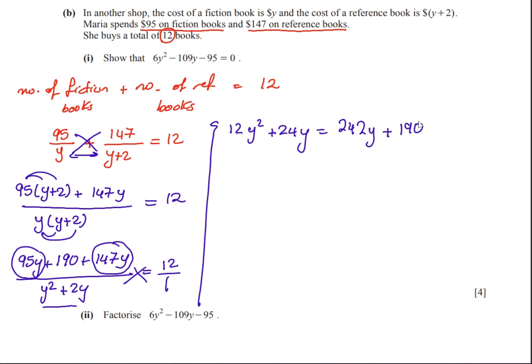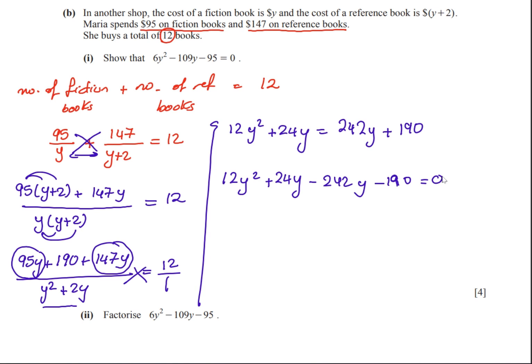Send all of this to one side, so 12y squared plus 24y minus 242y minus 190 equals 0.